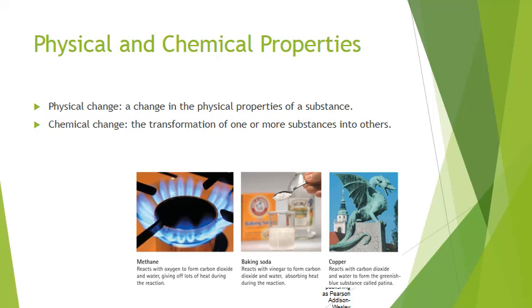A chemical change quite often is not reversible. For example, they give the example of baking soda when it reacts with vinegar to form carbon dioxide. You can't just take the carbon dioxide and somehow get baking soda and vinegar back out of it. That is an irreversible process.